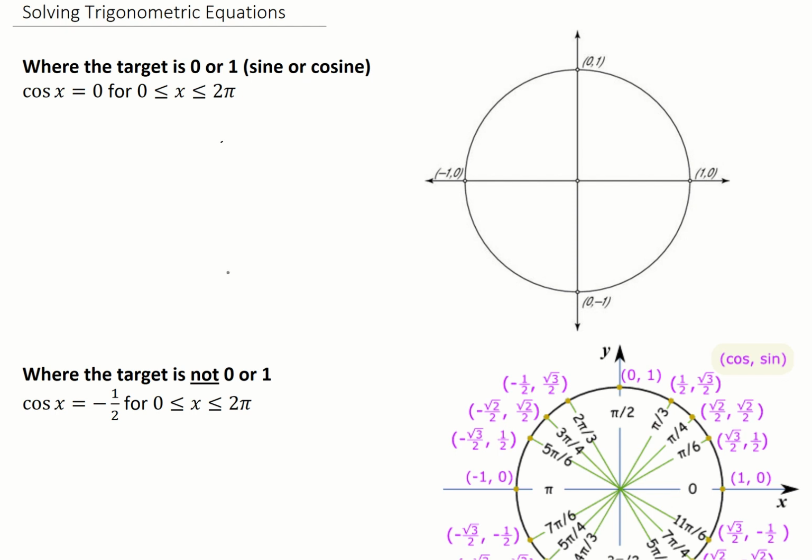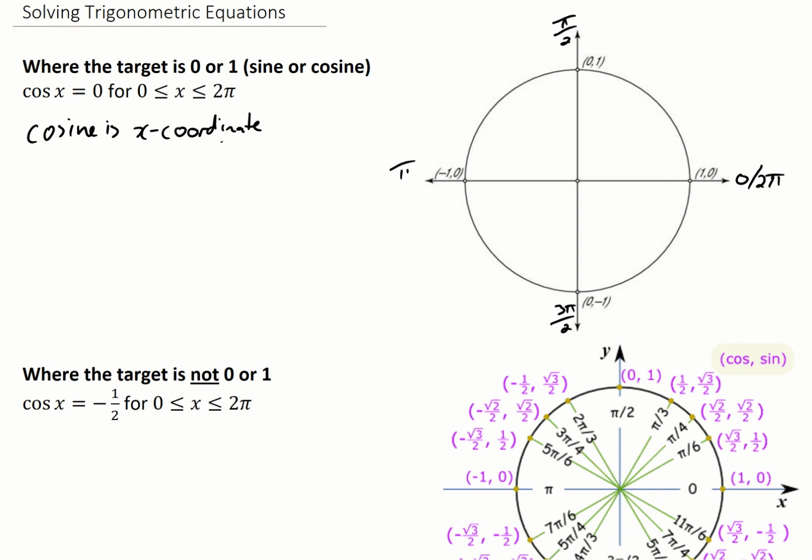So looking for cosine of an angle that is 0. I know that cosine is the x-coordinate on the unit circle. So from my unit circle, I'm just going to put these angles on before I get too confused.